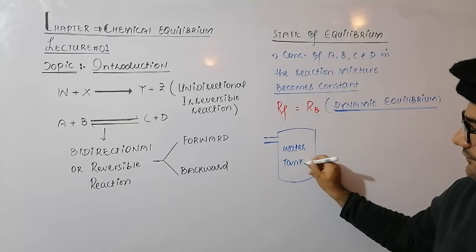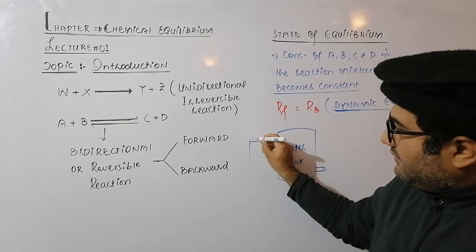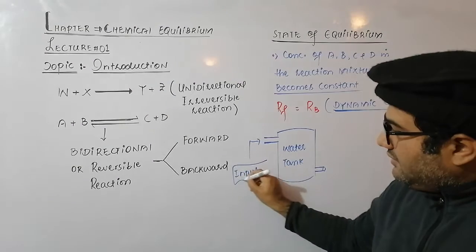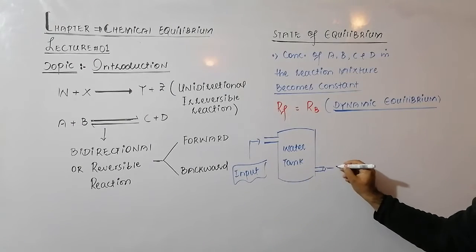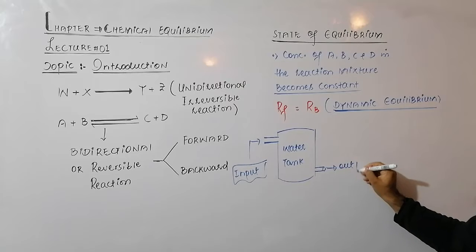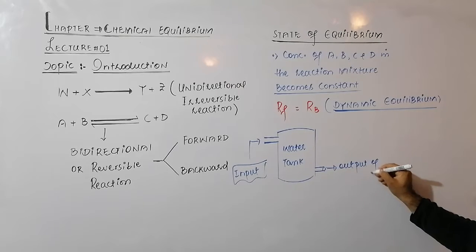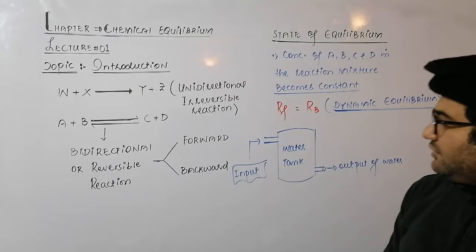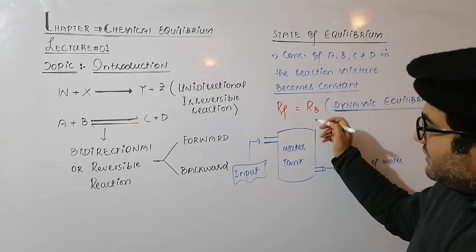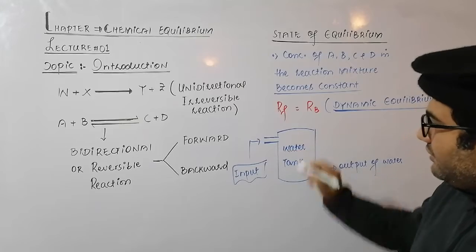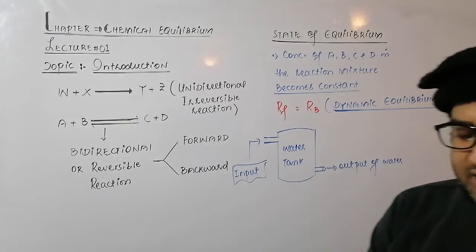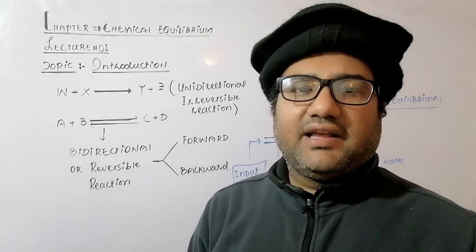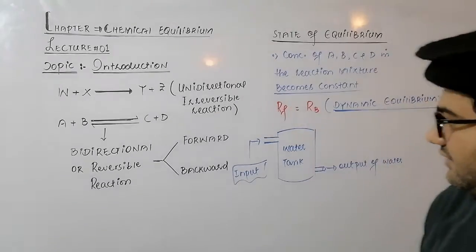Now in the water tank, the input of water is equal to the output of water. So if anyone observes the level of the water in this tank, he will observe that the time keeps on passing, but the level of water in the tank remains constant.